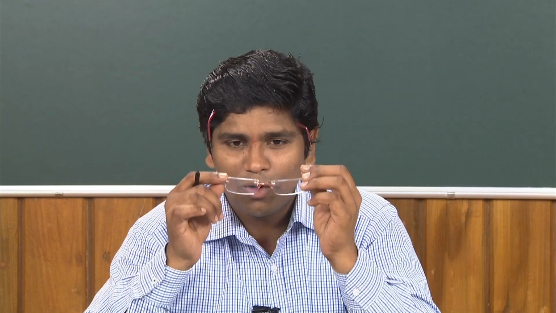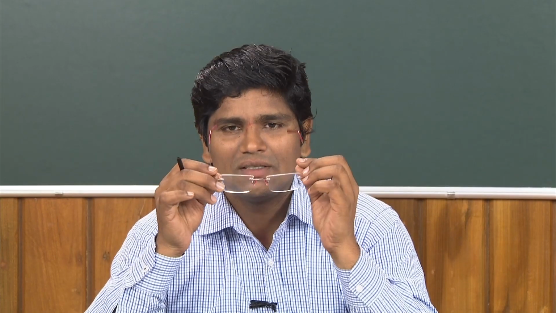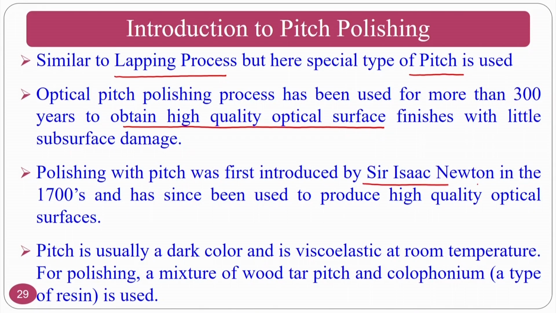Assume that I want to polish this type of lenses. So you can use this type of pitch polishing technique. Pitch was first introduced by Sir Isaac Newton in the 1700s and has since been used for high quality optical surface finishing applications.